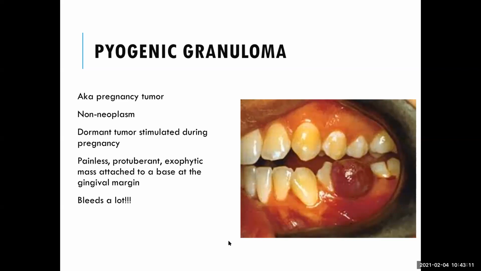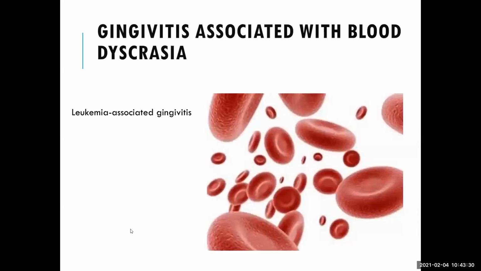Bleeds like a son of a gun. It's a dormant tumor stimulated by pregnancy. The doctor will want to electrosurge or laser this off, and it usually comes back. It's due to a reaction to something. There's something in there that's rough. Blood dyscrasias, leukemia.